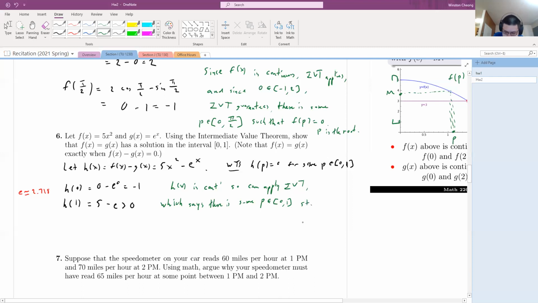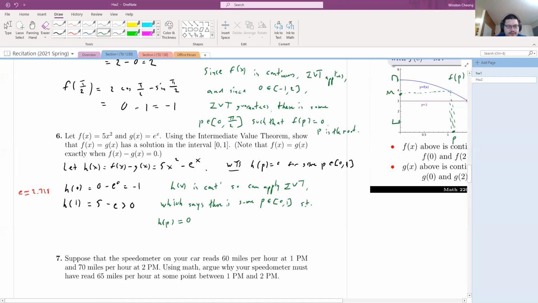Such that... okay, so I just use an abbreviation, s.t., normally how people write it, because we in math say "such that" all the time, and it gets tiresome to write in full. So s.t. is such that h of p is equal to 0.